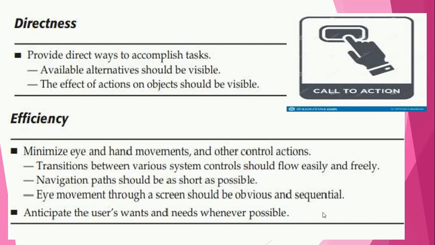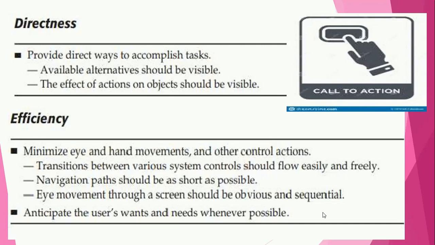Navigation paths means, suppose you are using a PDF and you want to move to a particular page, maybe the last page, you go for search and click on which page you want to retrieve, and you can get it. So that path is shortened now, and that's called the navigation path. Moving from one page to another has to be shortened. And eye movement on the screen should also be obvious.